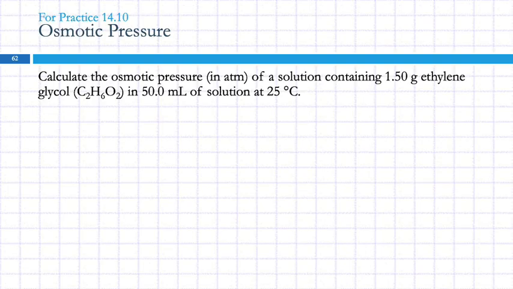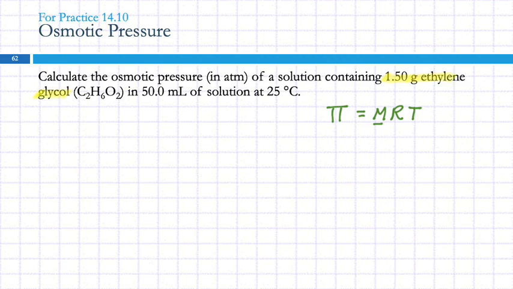So we can calculate the osmotic pressure in atmospheres of a solution containing 1.50 grams of ethylene glycol in 50 milliliters of solution at 25 degrees Celsius. So we need the equation. So the osmotic pressure, capital pi, is equal to the molarity times the ideal gas constant times the temperature. I write that down before I forget it. Let's highlight what we know.